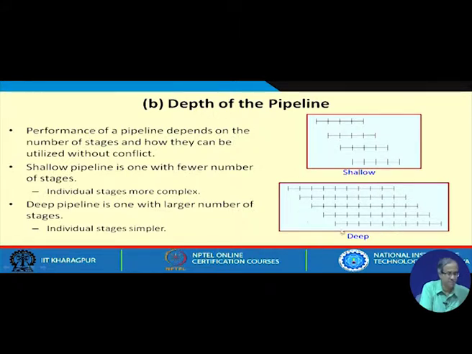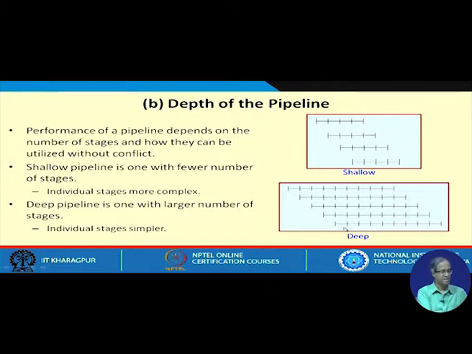So, depth of pipelining is also a design issue, but it is also very important to evaluate that you can increase the depth all right, but you must also see in what way you can allow the computations to proceed so that you can have overlapped execution without any conflict.